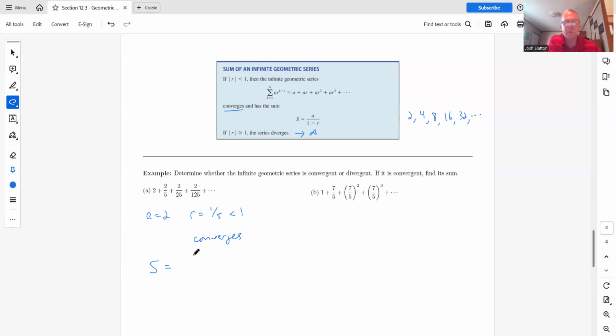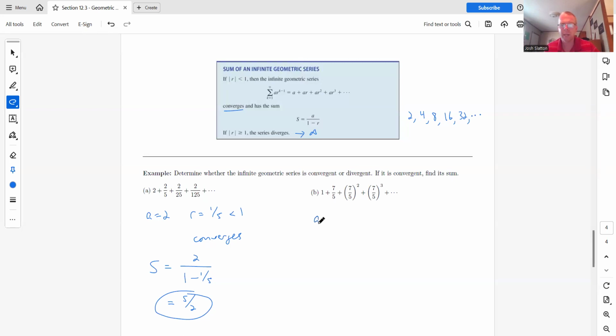So the sum would be A over 1 minus R. So 2 divided by 0.4, and we get 5/2. Easy enough. If you add up all these, all of these forever will never pass 5/2 as far as adding them up.